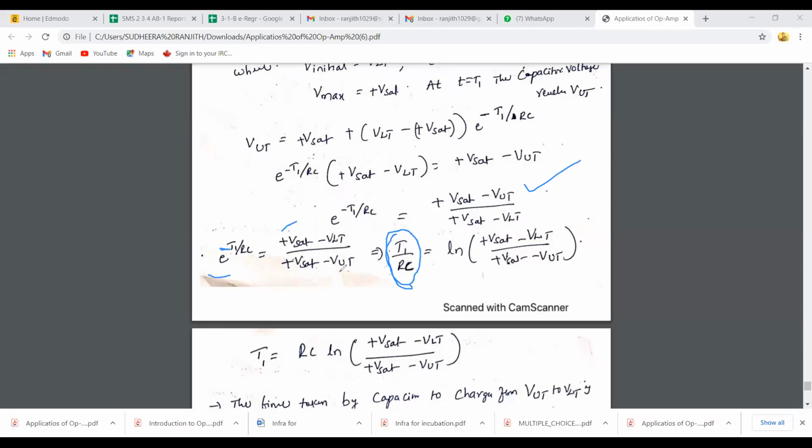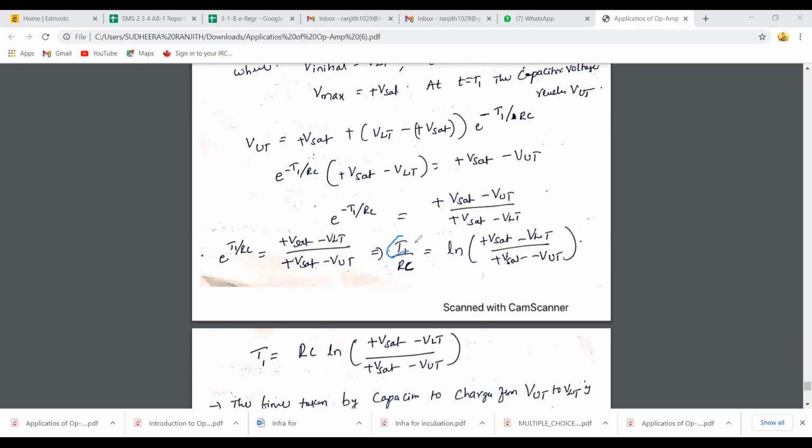I'm inverting the term, so T1 by RC equal to ln of plus V sat minus VLT by plus V sat minus VUT.